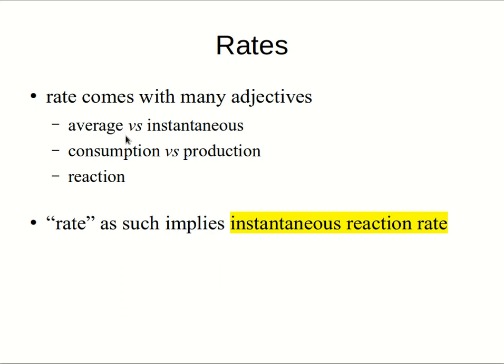How fast was I going on average, regardless of how many stop signs there were and how fast I was on that leg of my journey. Instantaneous means how fast am I at any point in time. So those two are different, right? This is much more important. Instantaneous is what I'm usually interested in.